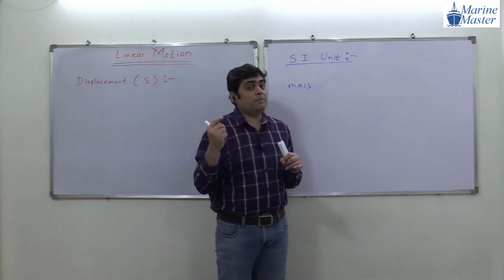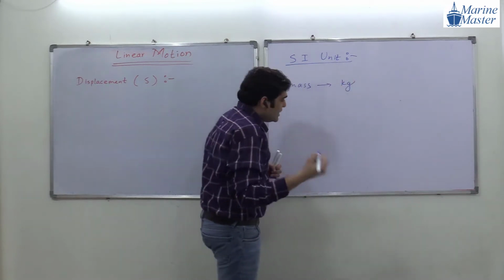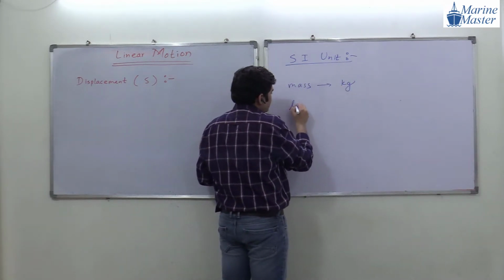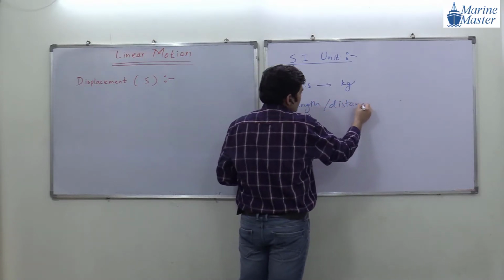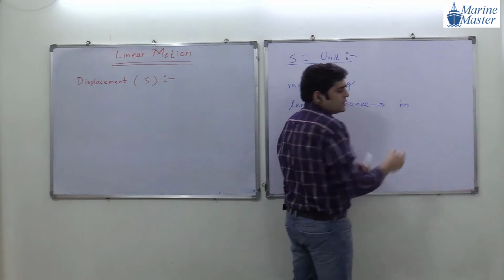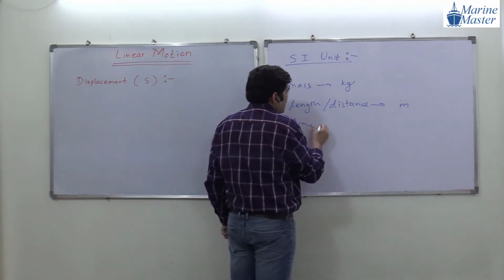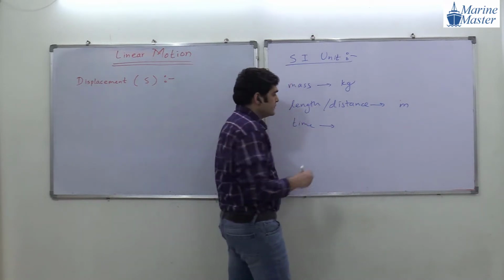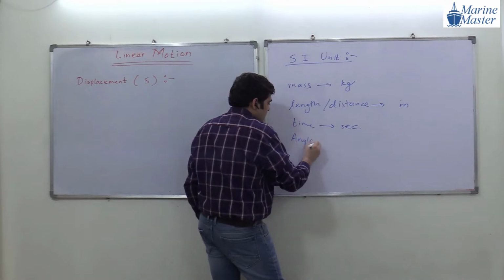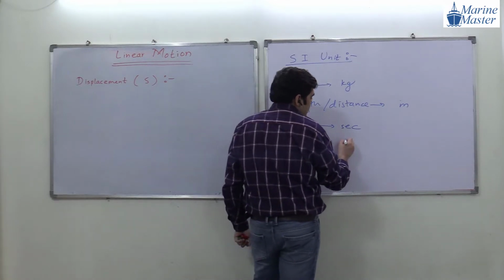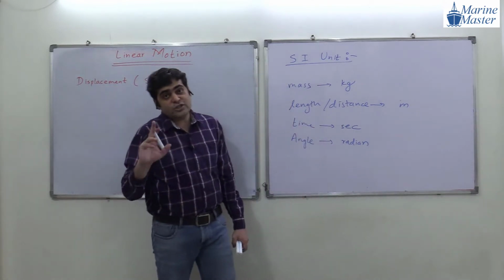But the SI unit of mass is kg, kilogram. Same for length or distance, the SI unit is meter. The SI unit of time is second. The SI unit of angle is radian. We can use degree also, but it is not an SI unit.